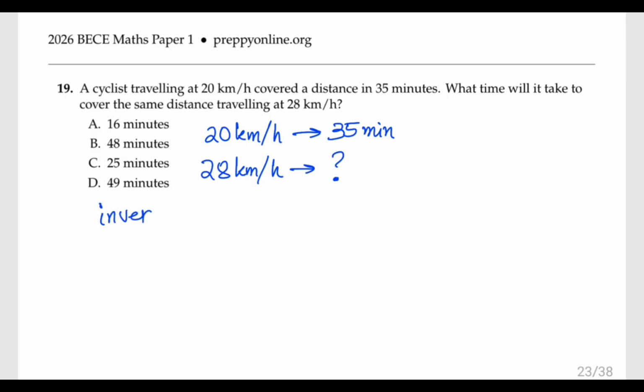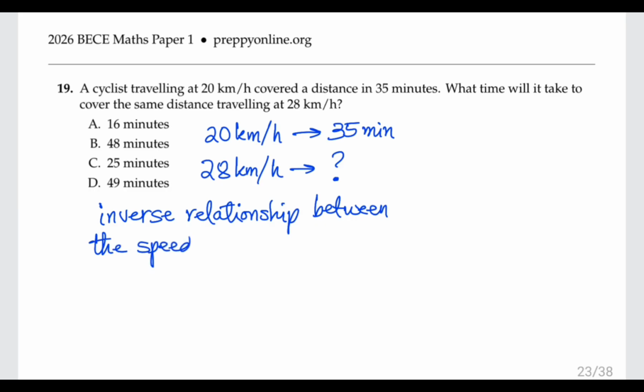There's an inverse relationship between the speed at which he travels and the time he uses.